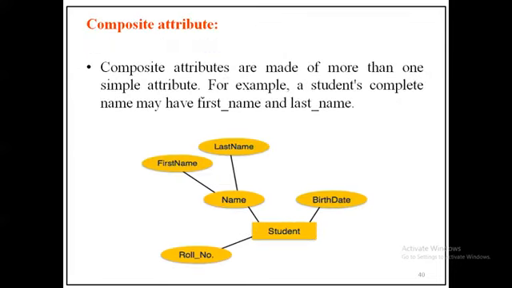Now composite attribute. Composite attributes are made of more than one simple attribute. For example, a student's complete name may have first name and last name. Here name is one attribute, and we can further divide it into first name and last name. An attribute that is further divided into more than one attribute is called a composite attribute.